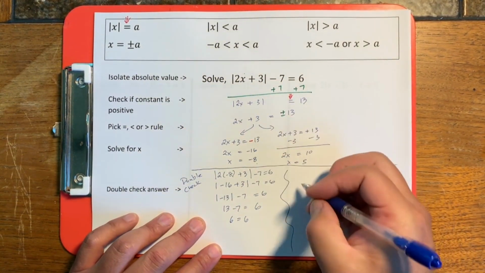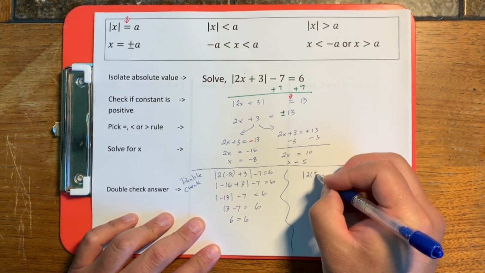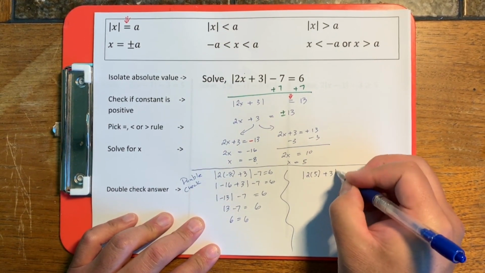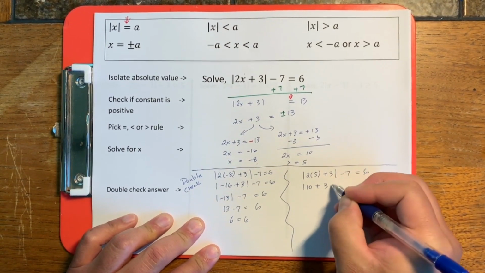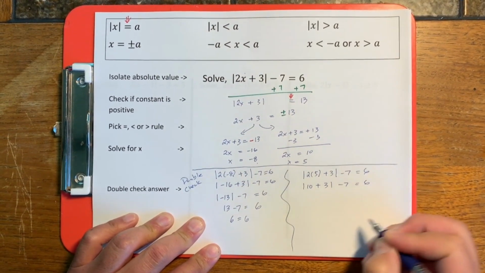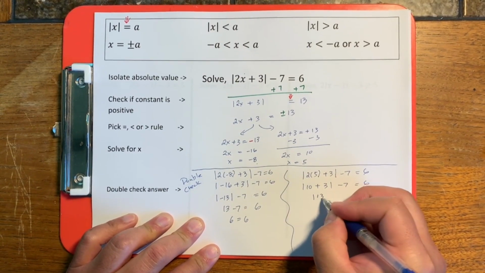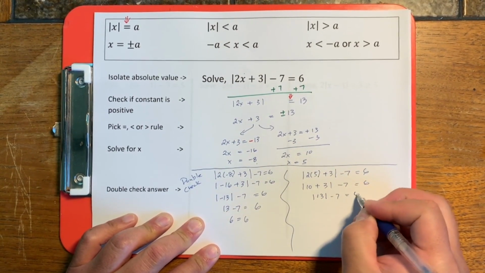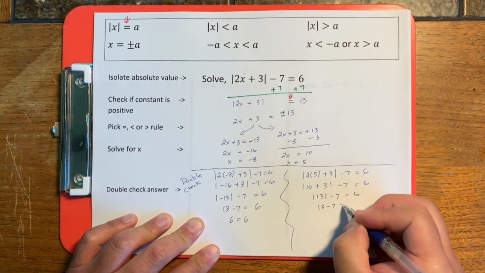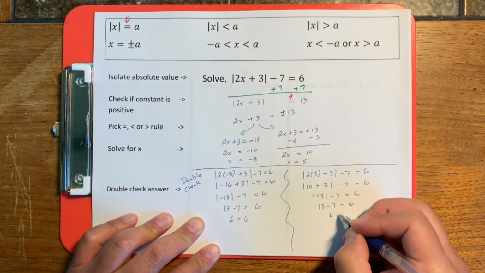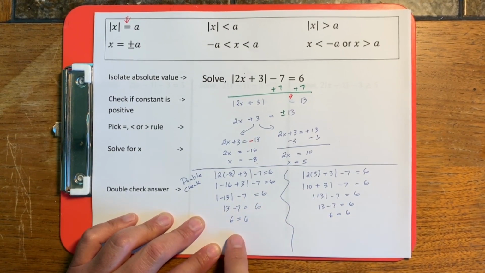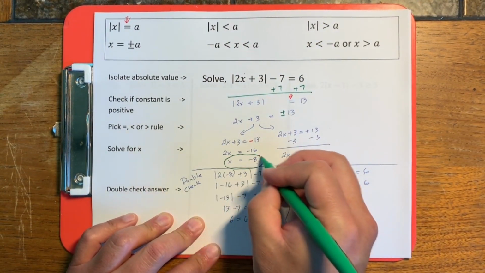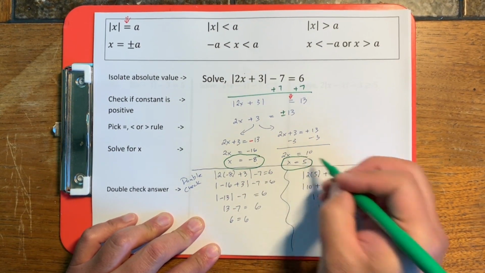When I plug 5 in, I'll get 2 times 5 plus 3, 10 plus 3, absolute value of 13 minus 7 is equal to 6, and then 13 minus 7 is equal to 6. 6 is equal to 6. So we can see that both of these end up in a true statement, so both of these answers are correct.